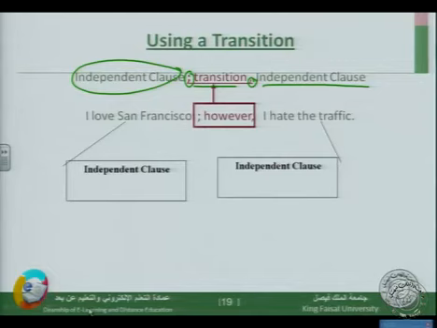For example, I love San Francisco; however, I hate the traffic. لاحظوا وضعنا semicolon، بعدين وضعنا the transition words اللي هي من ال conjunctions، ووضعنا هنا comma. So we have two independent clauses, one here and one right here. So in your mind, you should put these transition words between a semicolon and then a comma.